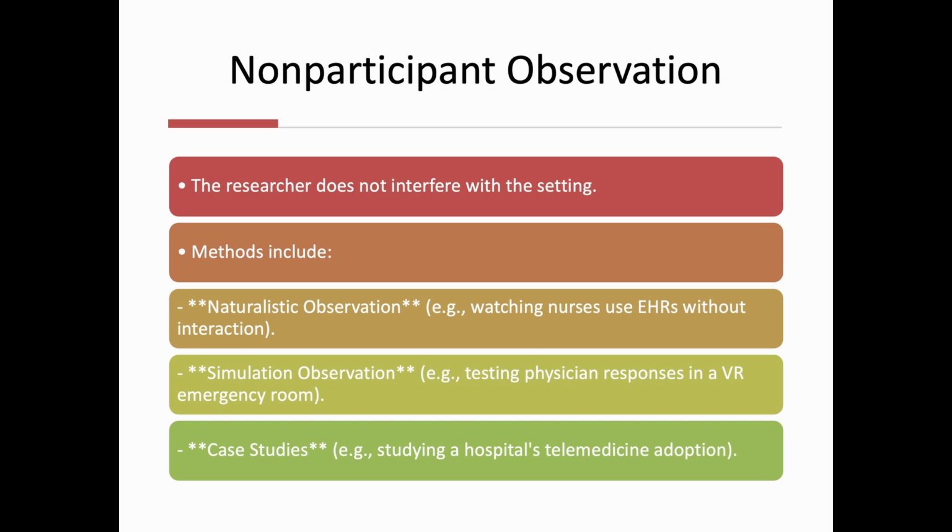The researcher takes a passive role, ensuring that the behaviors being studied are not influenced by their presence. For example, a researcher watches how nurses interact with EHRs, or electronic health records, in a hospital without engaging in the workflow. While naturalistic observation provides real-world insights, sometimes researchers need more controlled environments.